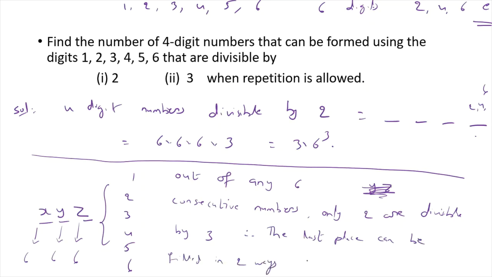So the required answer is 6 times 6 times 6 times 2. This is my total number of 4-digit numbers that are divisible by 3 when repetitions are allowed.